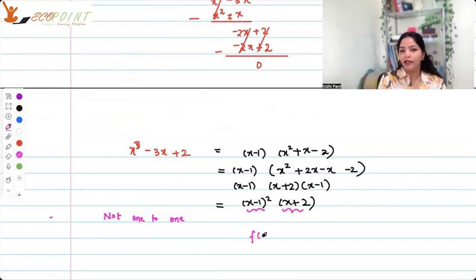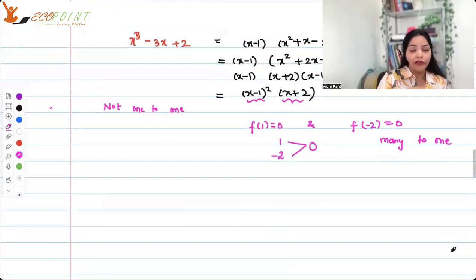So I know that f of 1 is 0 and also f of minus 2 is 0. So you have figured out one example where 1 and minus 2 both give you 0. That means it's a many-to-1 function.